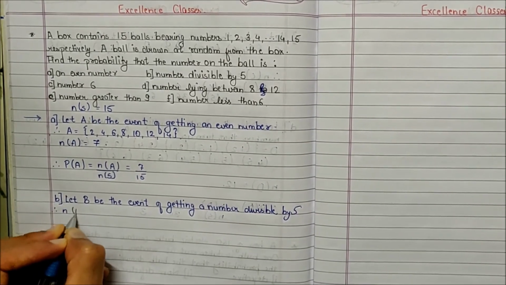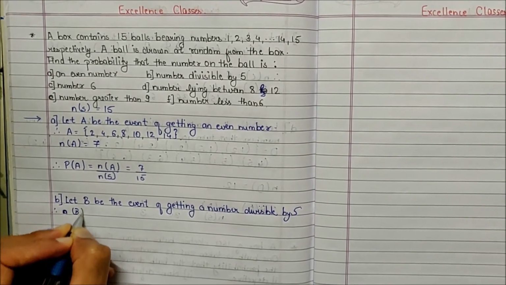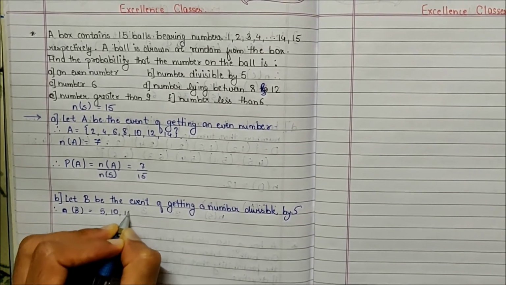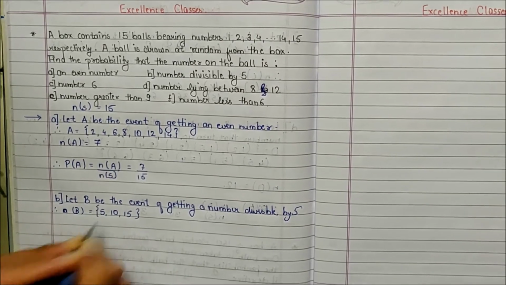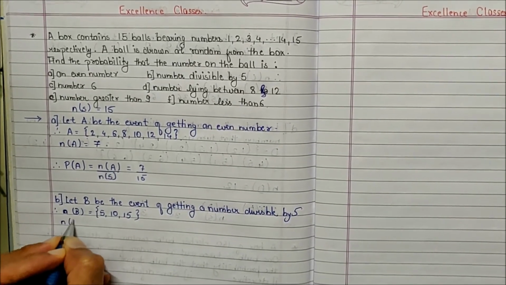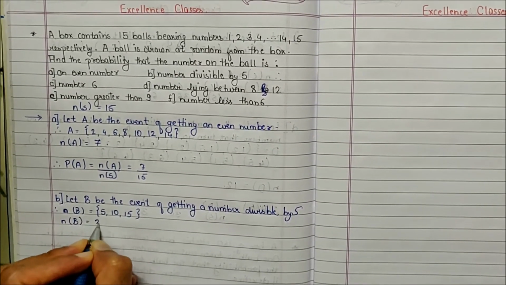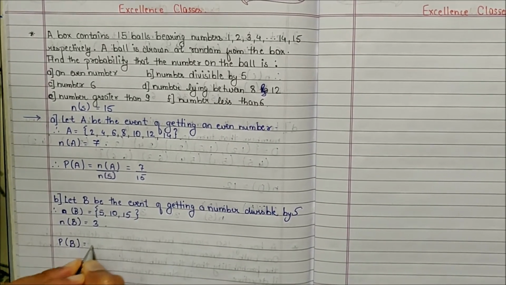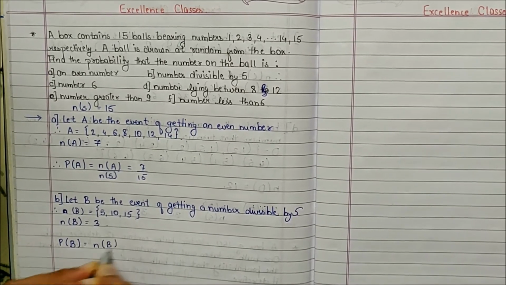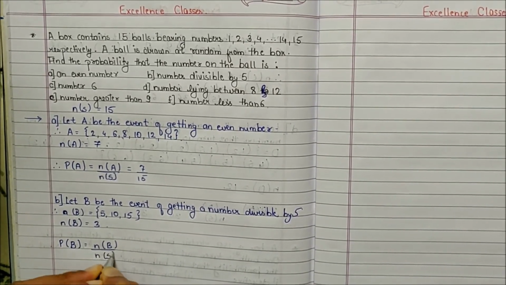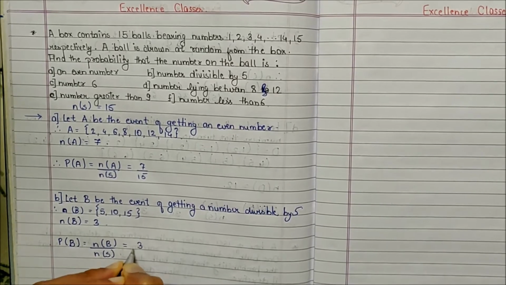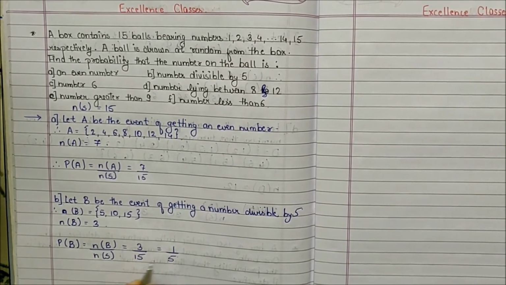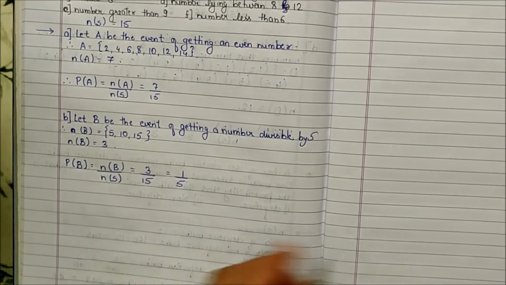Therefore, the event B is going to be 5, 10 and 15. Therefore, number of elements in B will be 3. Similarly, P of B will be N of B upon N of S, 3 by 15. So it is 1 by 5.